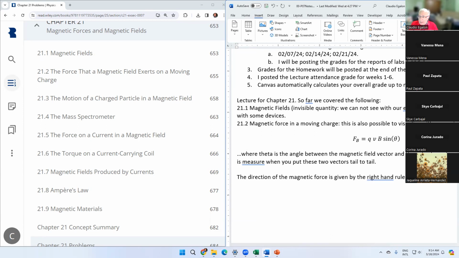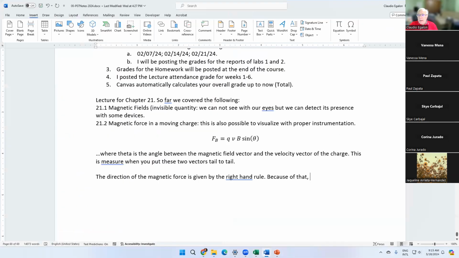Because of that, the magnetic force will be simultaneously perpendicular to both the velocity and magnetic field vectors.